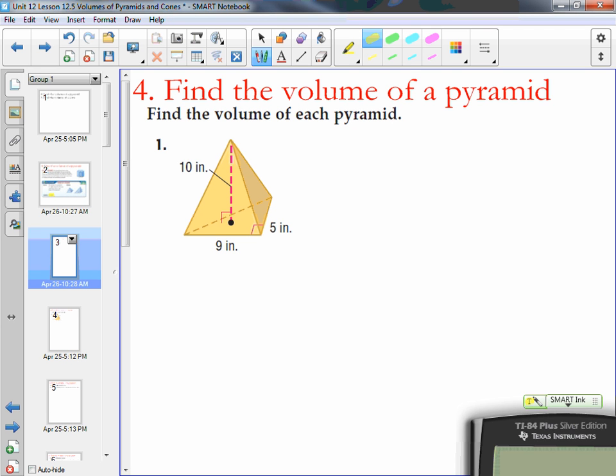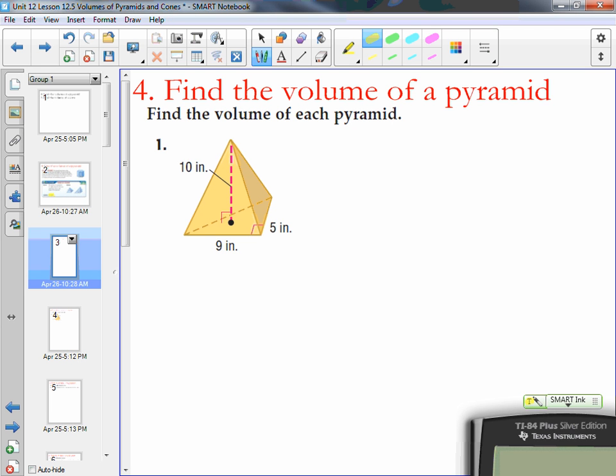So you see the little segment there that's 10 inches that's marked as being perpendicular to that triangular base? Let's take that then. So that's the height of the pyramid. So that means we need to take that right triangle on the bottom as the base.